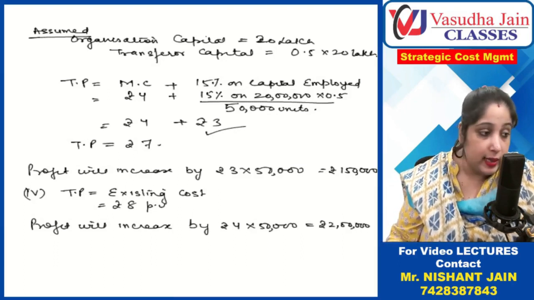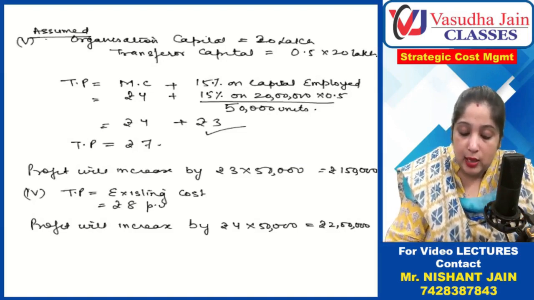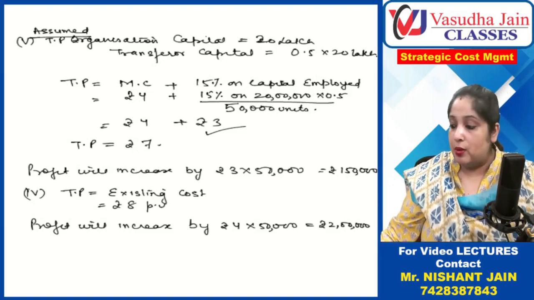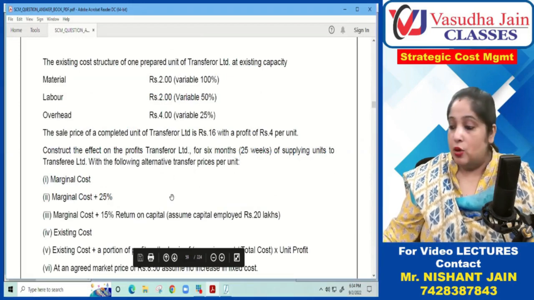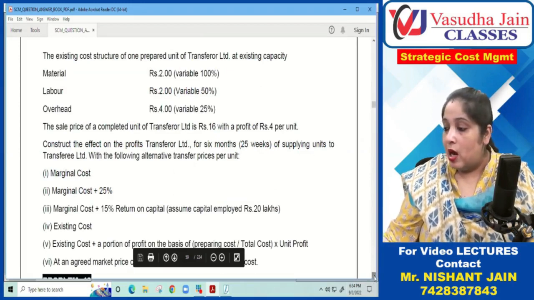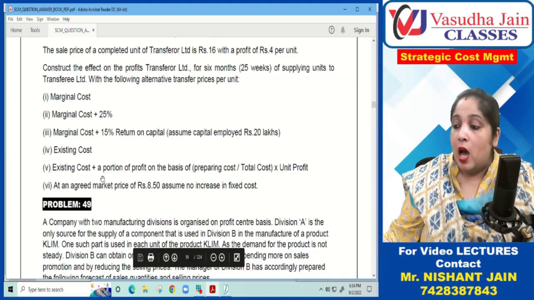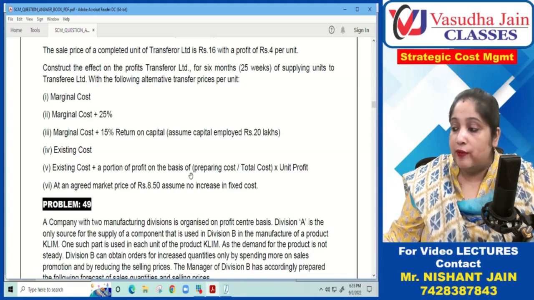Now let us solve the next part, that is your fifth part. So basically the question is going to tell us how much transfer price we have to keep. Going back to the question. Yes. So the question says how much transfer price? Existing cost, whatever the existing cost is, plus a portion of profit on the basis of this.